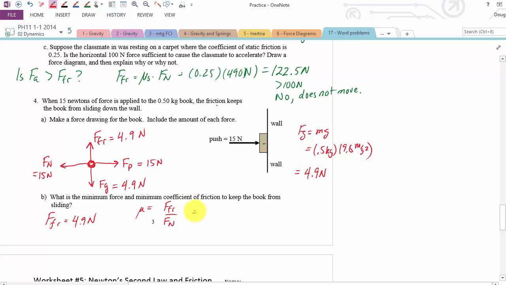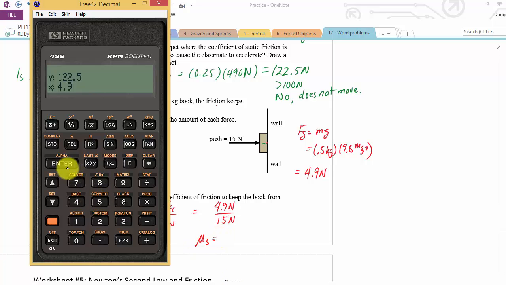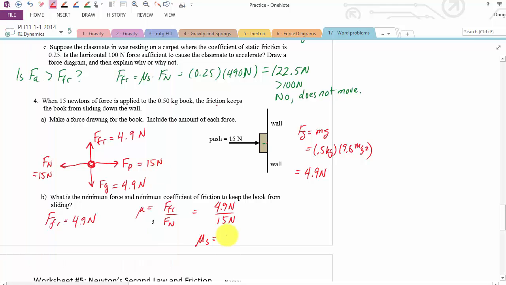Fn is 15, so this is 4.9 newtons divided by 15 newtons. So it's a static coefficient of friction of 0.33. And that's it.